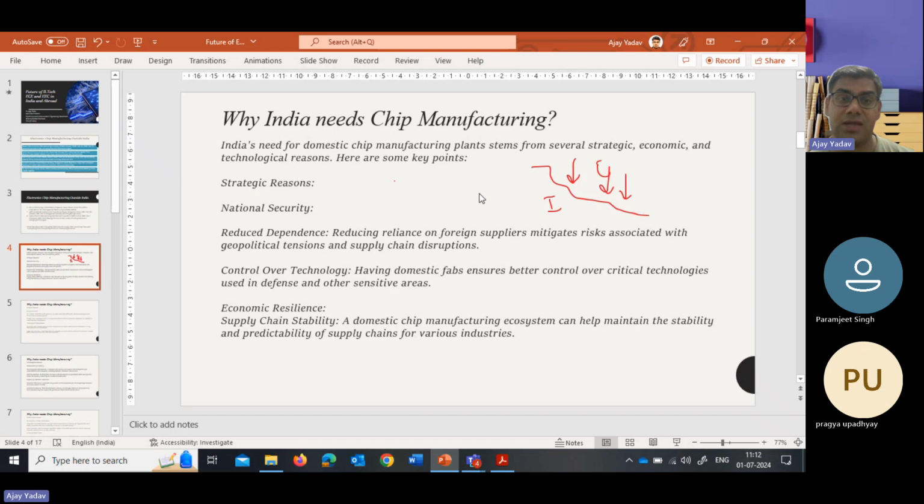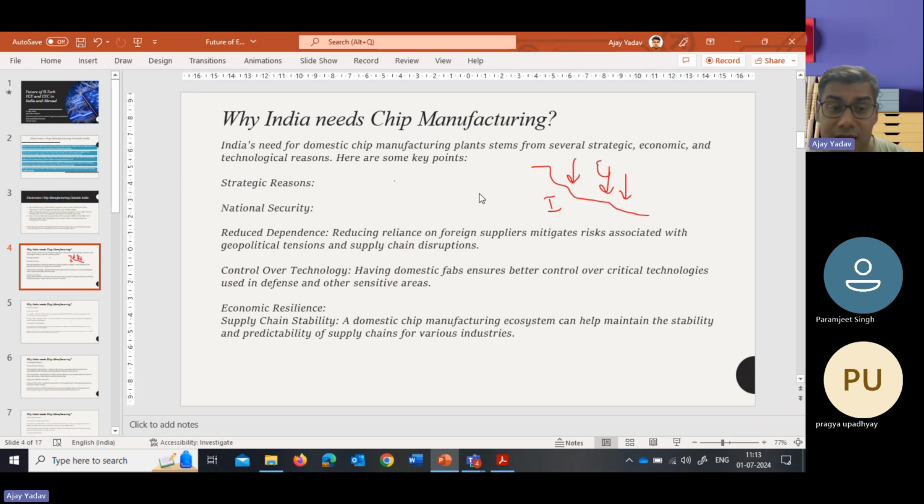Now you are importing laptops, smartphones, each and everything from China. Even in India right now, we only have assembling plants, not chip manufacturing. When you have indigenous technology made in India, the price of products will also reduce, and it will create a local environment where people within the vicinity will get a lot of jobs.